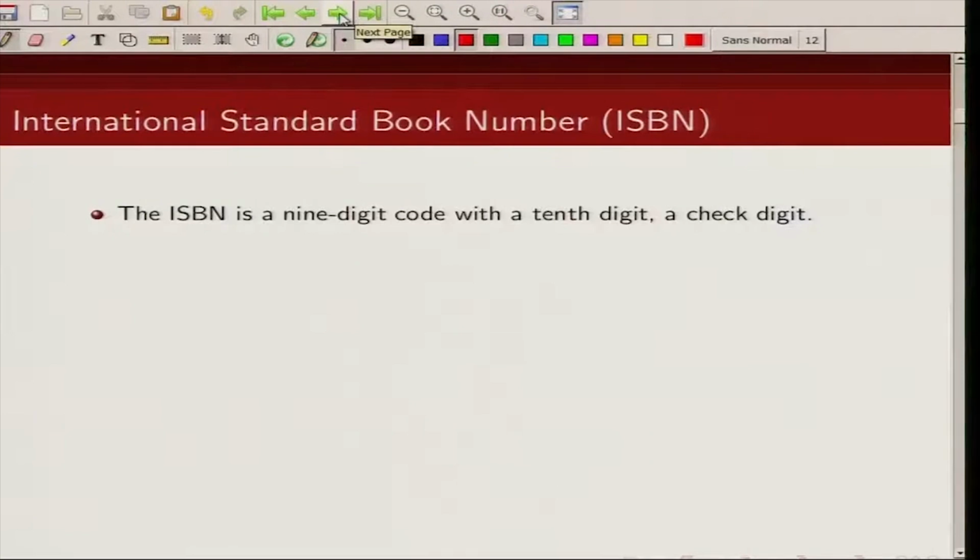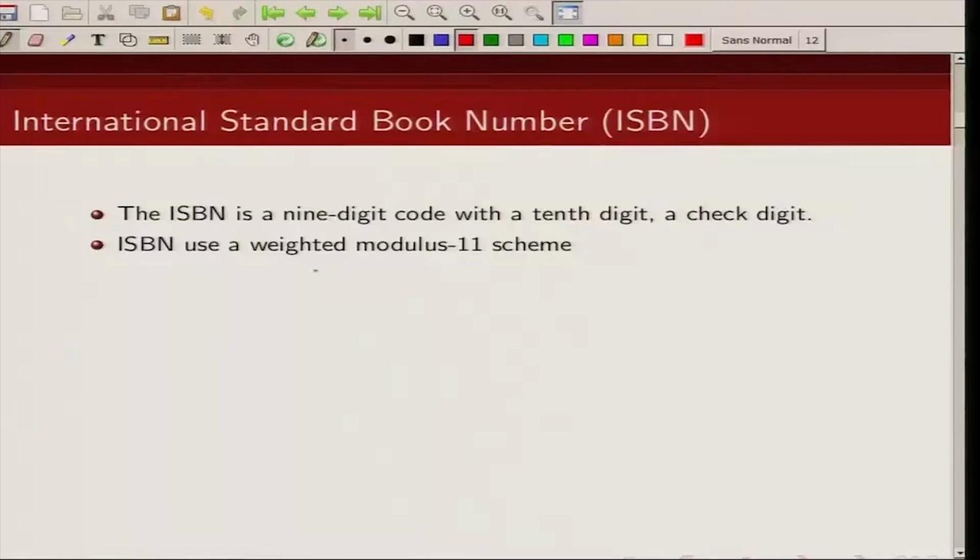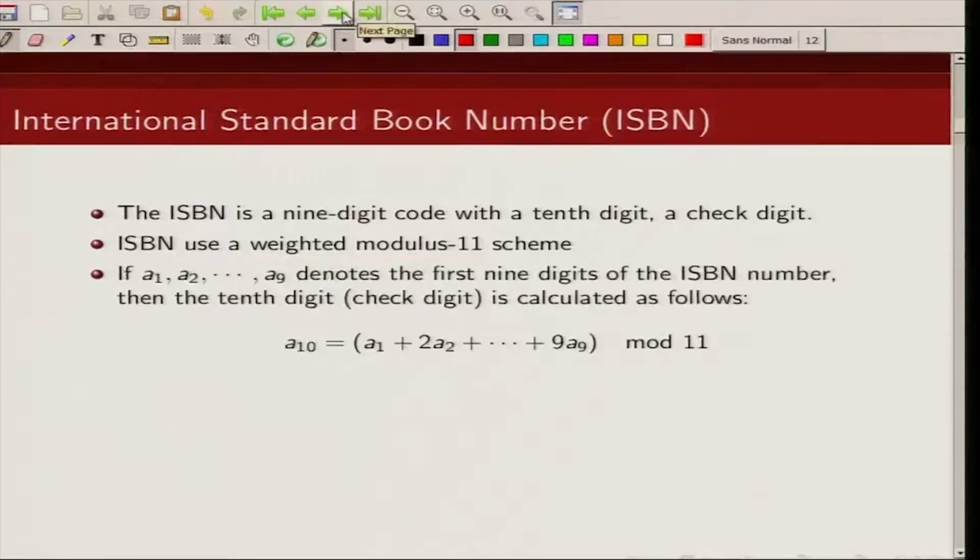So, what is an ISBN number? An ISBN number is a 9-digit code with a 10th digit which is a check digit. So, it is a 10-digit number: you have a 9-digit code plus 1 digit which is a check digit. How is this check digit calculated? It uses a weighted modulus 11 arithmetic.